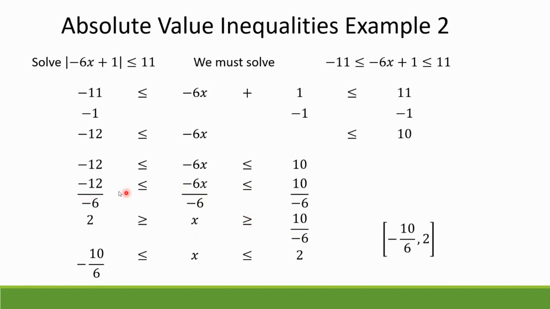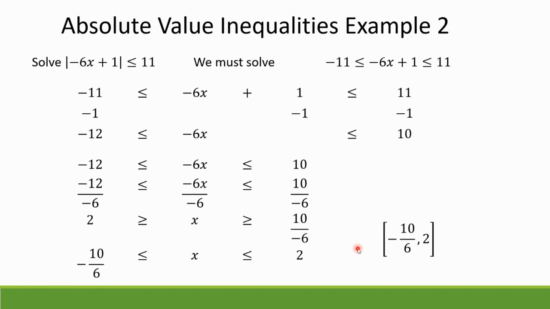We divide -12 by -6 to get 2, but this inequality turns around as well. Here I'm reading right to left, but basically I'm rewriting the above in an equivalent way. 10 over -6 is less than or equal to x, less than or equal to 2. And here we have -10 over 6, less than or equal to x, less than or equal to 2.